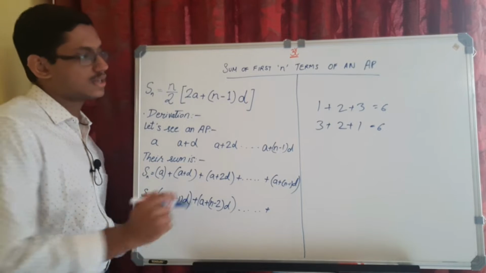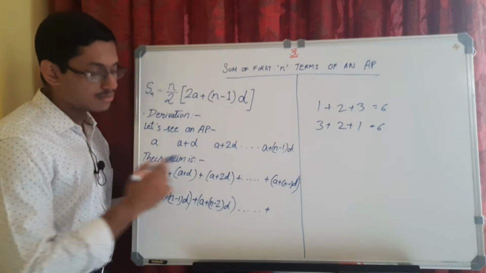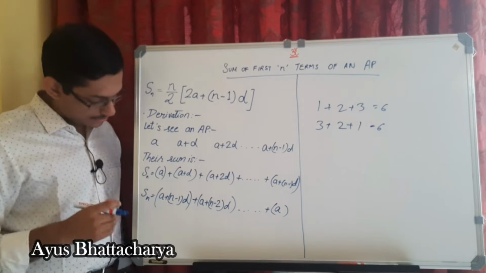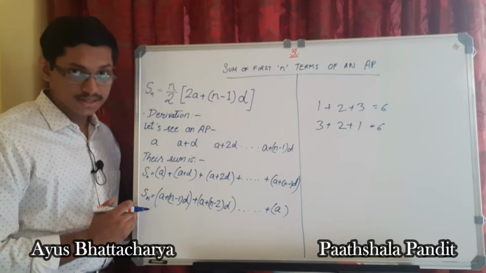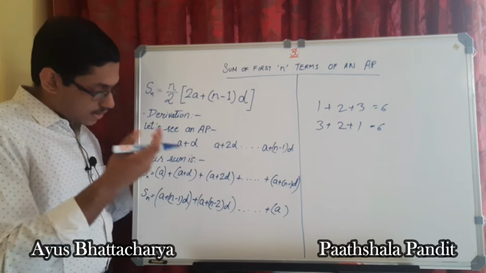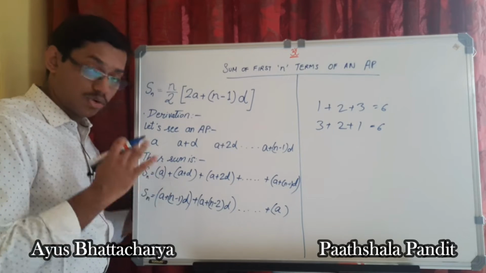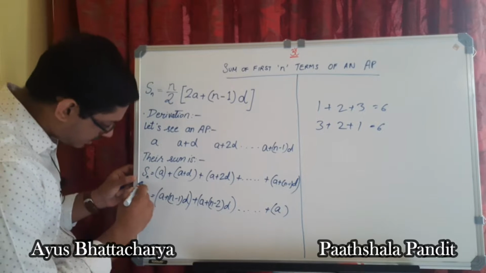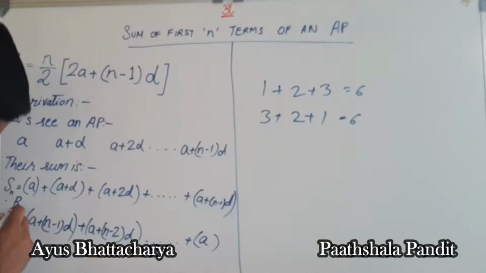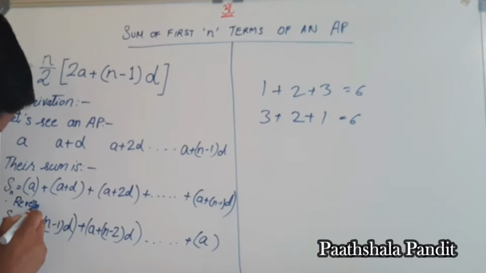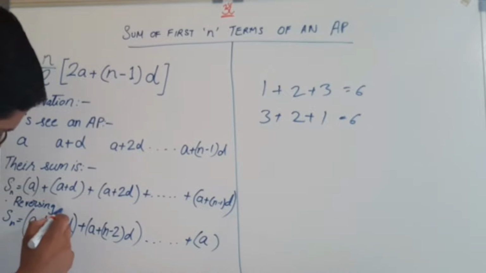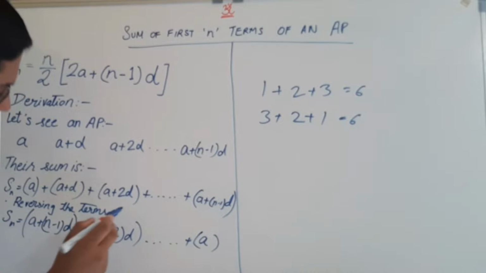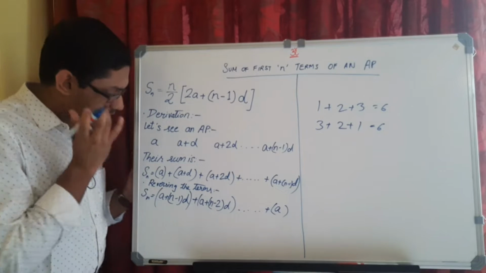Alright, because when reversed, here 1 comes last, here a comes last. So this is Sn, this is also Sn. Now we will add these two equations. Let me write it in short: reversing the terms. I am writing this so that you understand what is being done here.